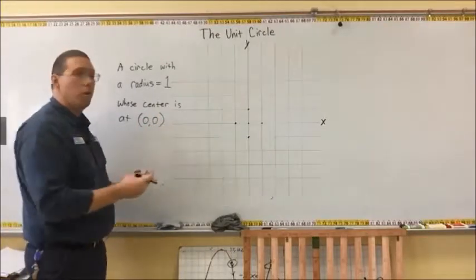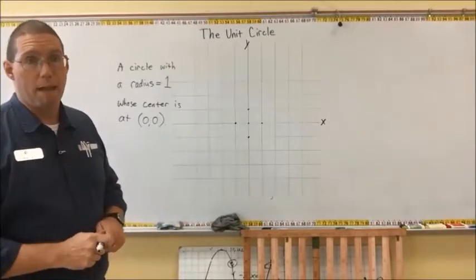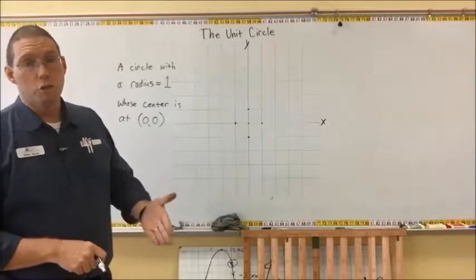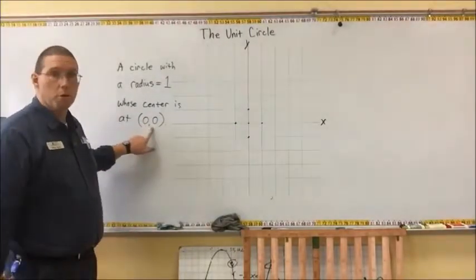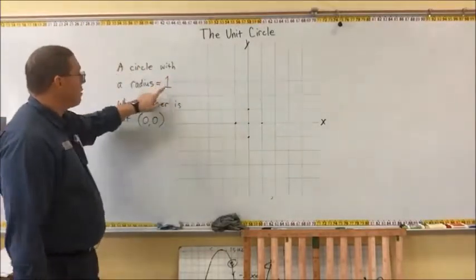So the unit circle is a very special circle, very special in a lot of areas of mathematics. When somebody says the unit circle, they are referring to the circle whose center is at the origin, at the point 0, 0, with a radius of 1.